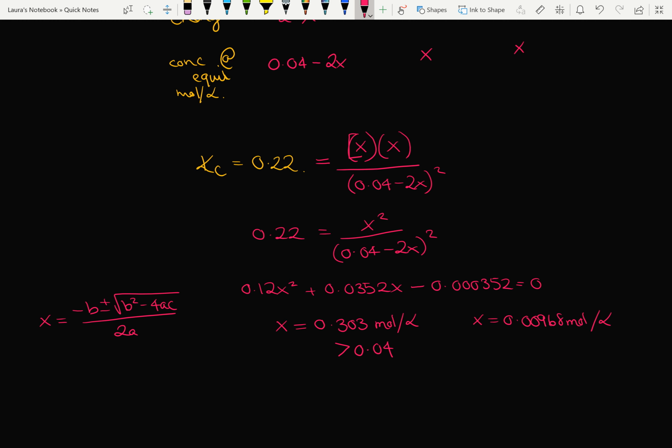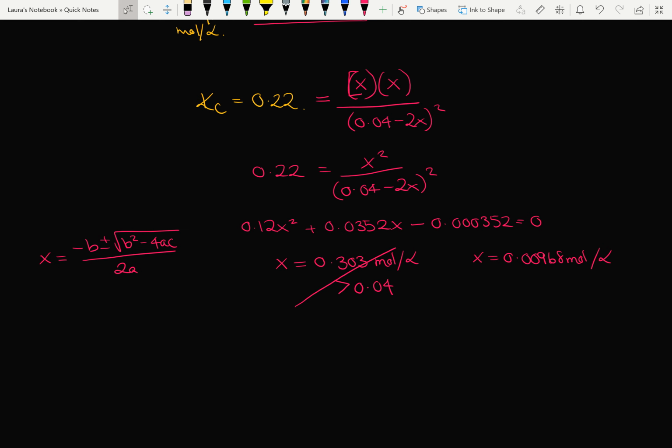If we were to fill this 0.3 into our expression for the concentration of our reactant at equilibrium, we can't have a large number there because that would mean that we end up with a negative moles per liter. So that answer there cannot be the correct answer, which means that this is our option.